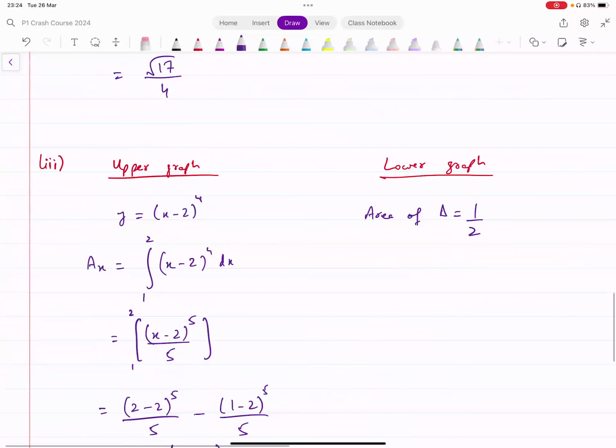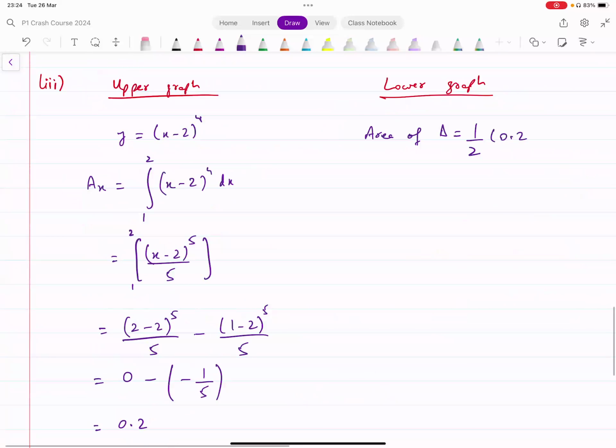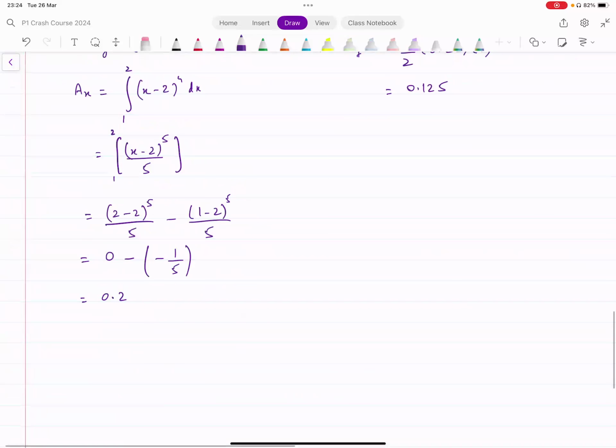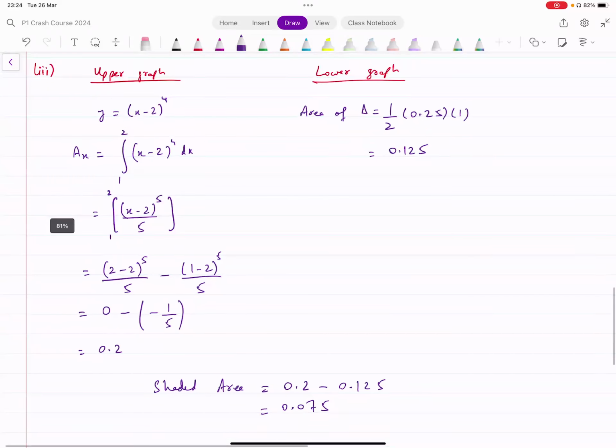So you can say it's half into 0.25 into 1, and that gives us 0.125. So what's the shaded area then? Just the difference of these two values. Shaded area is 0.2 minus 0.125, which is 0.075. That's the shaded area.